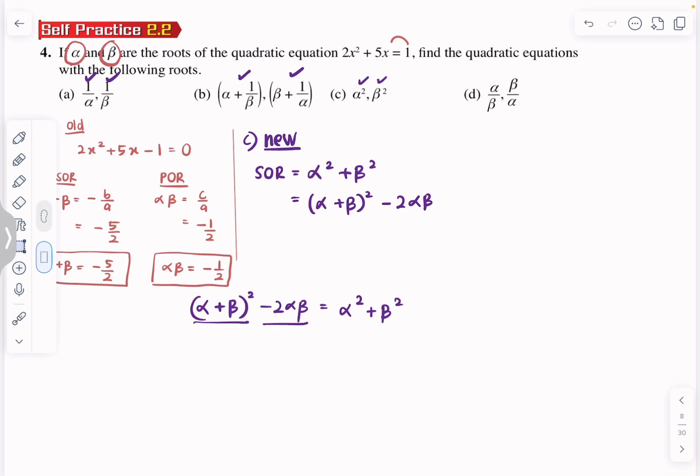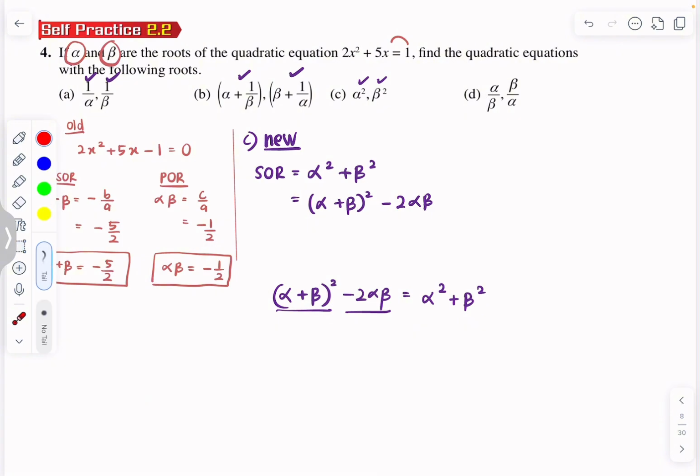Okay, if you don't understand, you can try to rewind it. This alpha square plus beta square is the expansion of this minus the 2 alpha beta. This is a quite common question, they like to ask this a lot.